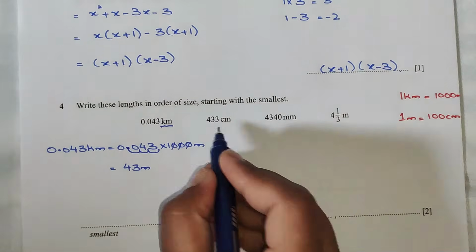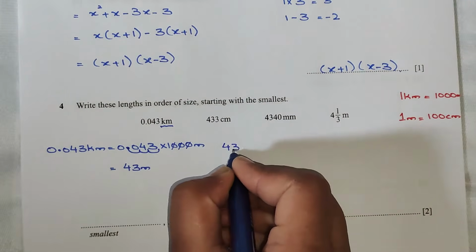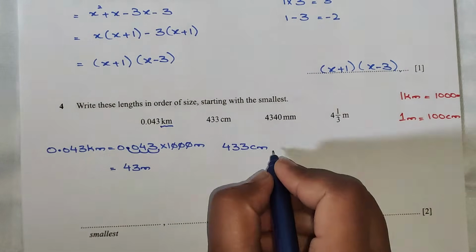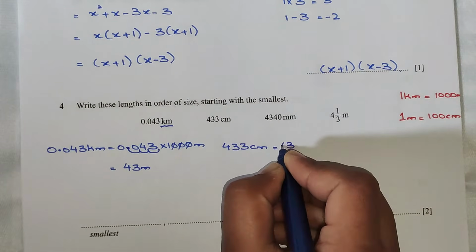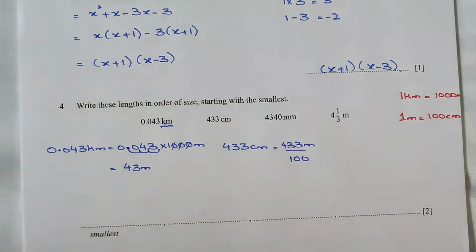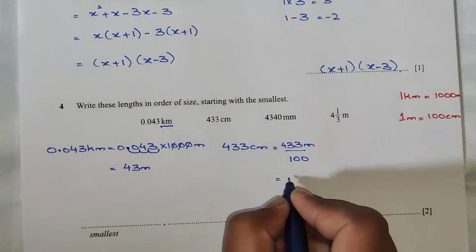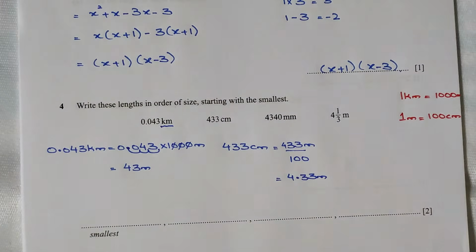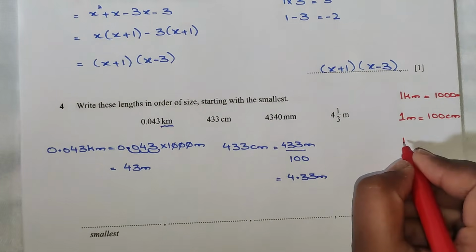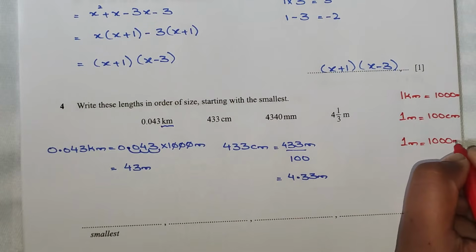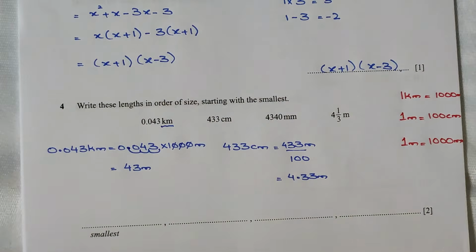And what about 433 centimeters? If we have 433 centimeters, it would be 433 divided by 100 meters, so it would be 4.33 meters. Now for the third one, we have a millimeter. 1 meter has 1000 millimeters, right?